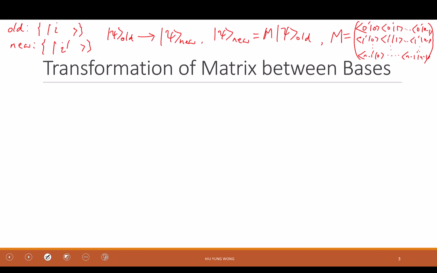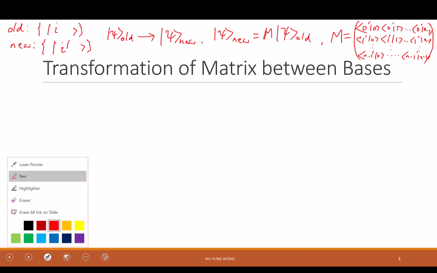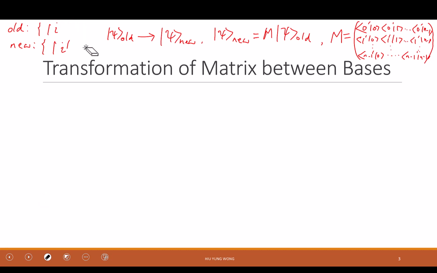Is this okay? For example, my old basis may be the 0, 1 basis. The new basis may be the plus, minus basis. It's good to keep reminding ourselves what we are talking about.